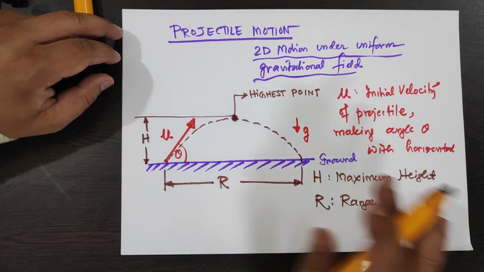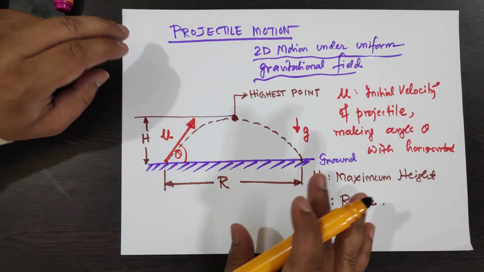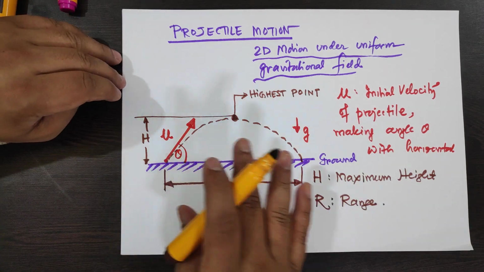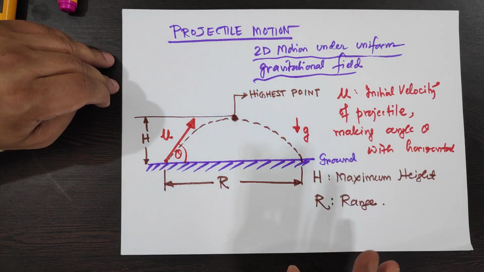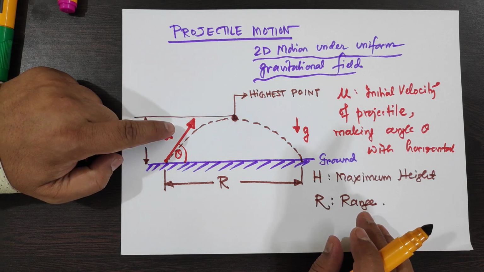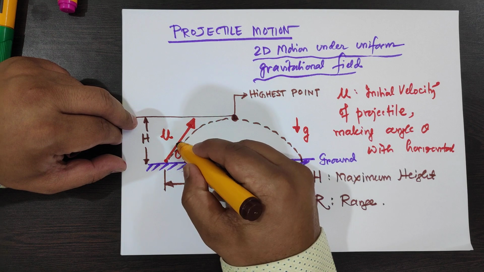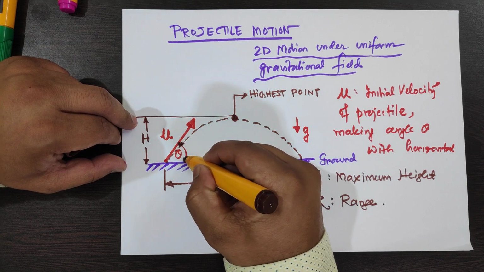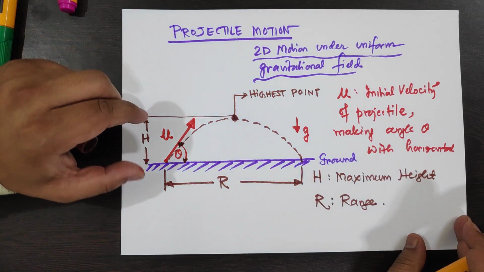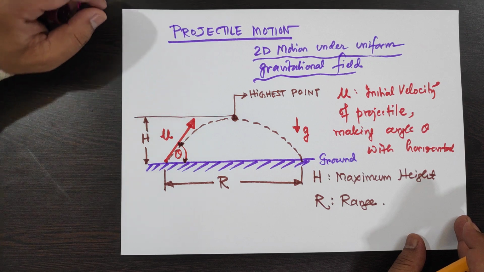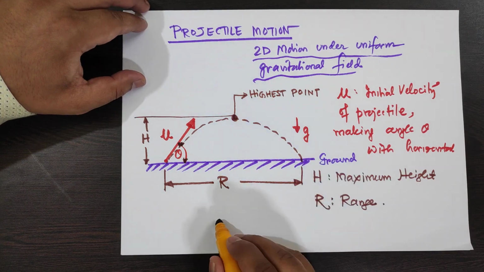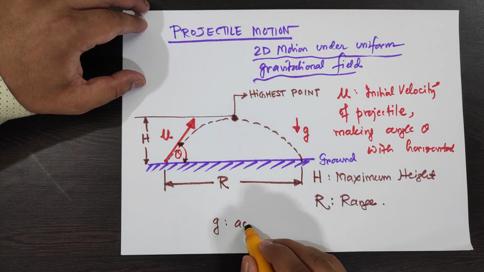Now see, this is the case that a projectile is thrown with a speed u, making angle theta with horizontal, and this h is the maximum height, g is acceleration due to gravity.